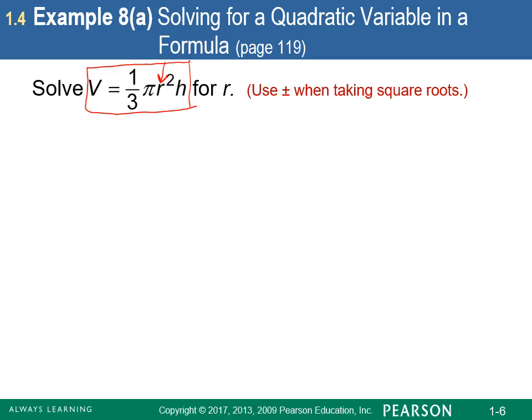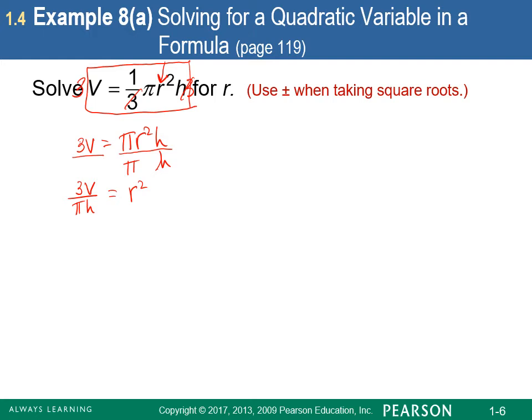If we multiply both sides by 3, we get 3v equals pi r squared h. Those 3's will disappear. If we divide both sides by the h and the pi, we're left with r squared equals 3v over pi h.